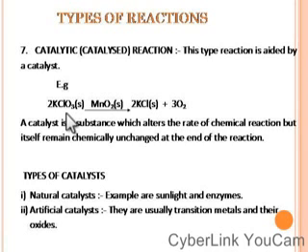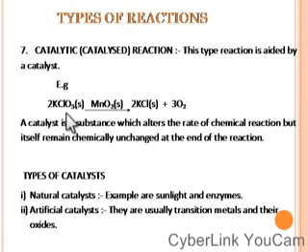Also, another reaction is the decomposition of chloric I acid, which takes place in the presence of sunlight to produce hydrochloric acid, and then oxygen gas is being given off.